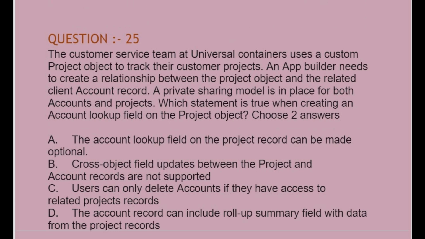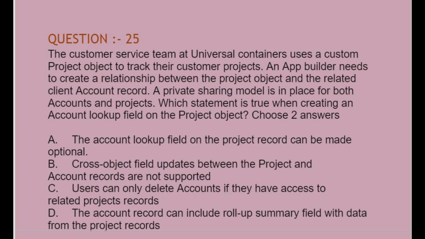Question is the customer service team at Universal Containers uses a custom project object to track their customer projects. An app builder needs to create a relationship between the project object and the related client account record. A private sharing model is in place for both accounts and projects. Which statement is true when creating an account lookup field on the project object? Choose two answers.